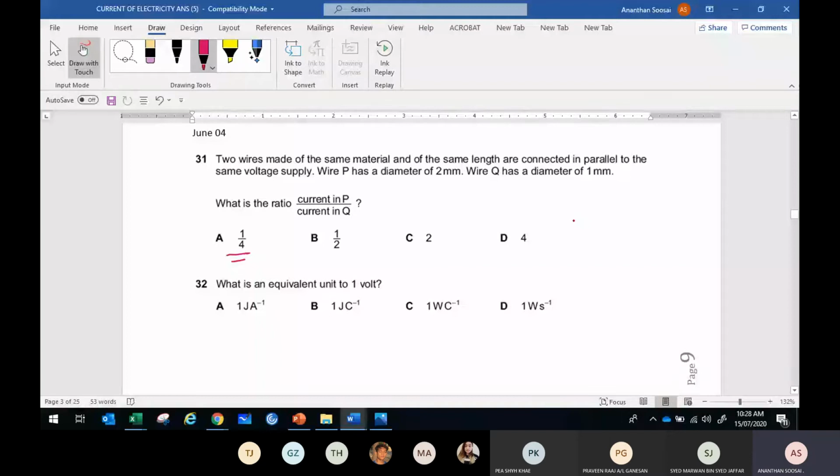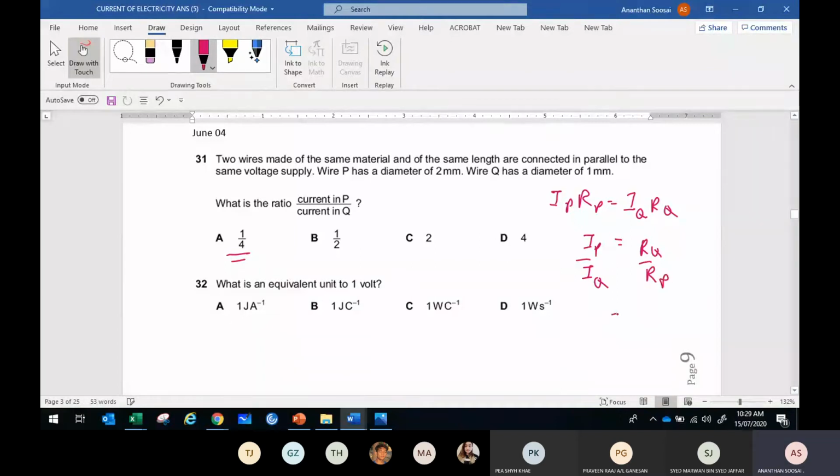R is different. So IP RP must be the same as IQ RQ. So we are looking for IP over IQ, which should be the same as RQ over RP.